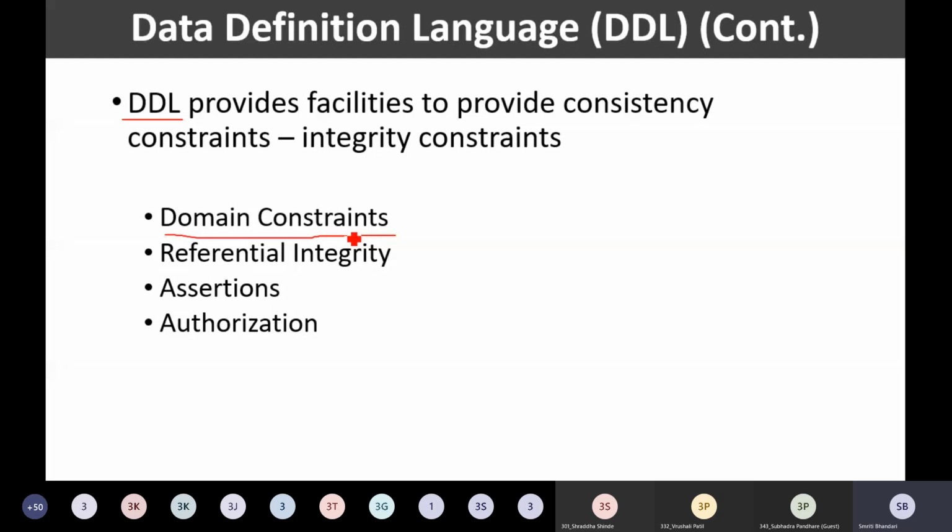If I try to input character data for total credits, then it will not be accepted.